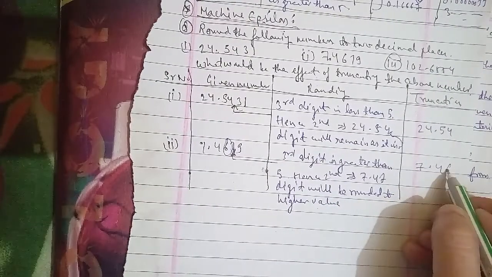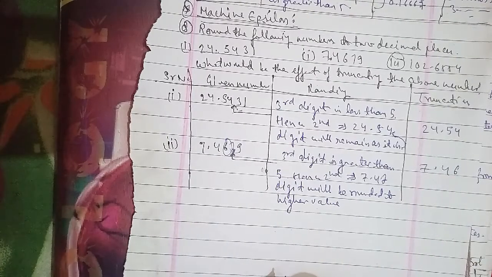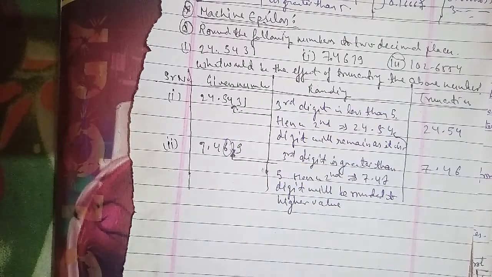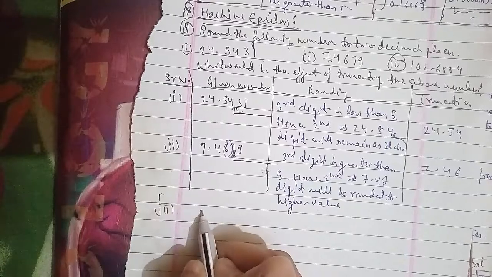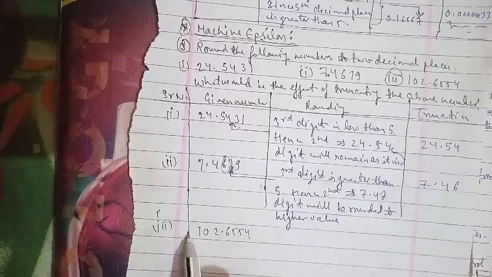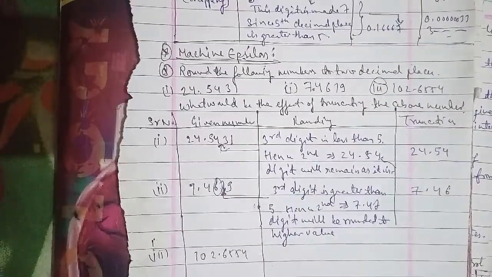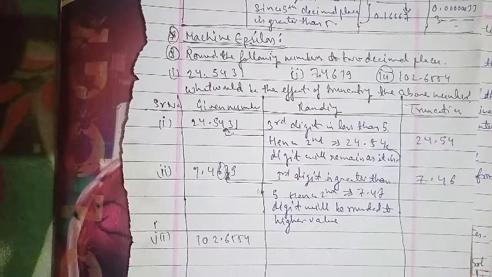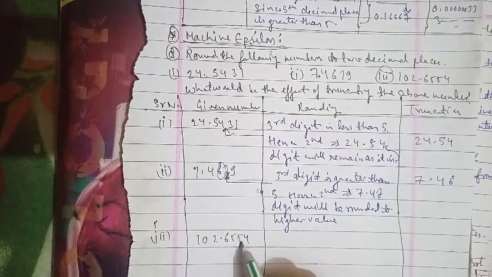For this number, as you can see, the third digit is equal to 5, hence the second digit, 102.66, will be rounded to a higher value, while the truncation is 102.65 that we have.